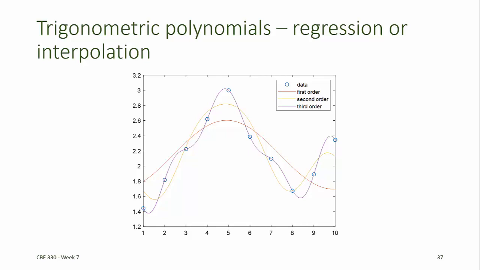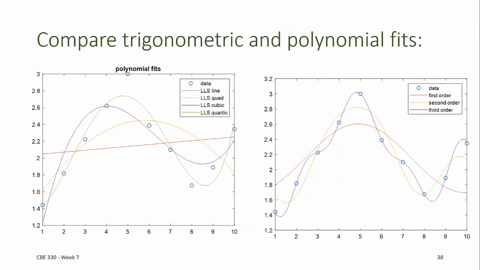The third order trigonometric polynomial shown here fits the data points to the sum of 3 sine functions and 3 cosine functions. Comparing the polynomial fits to the trigonometric polynomial fits, you can see that this bounded oscillatory data might be better fit by sums of sine and cosine functions than by polynomials with similar numbers of unknown coefficients.